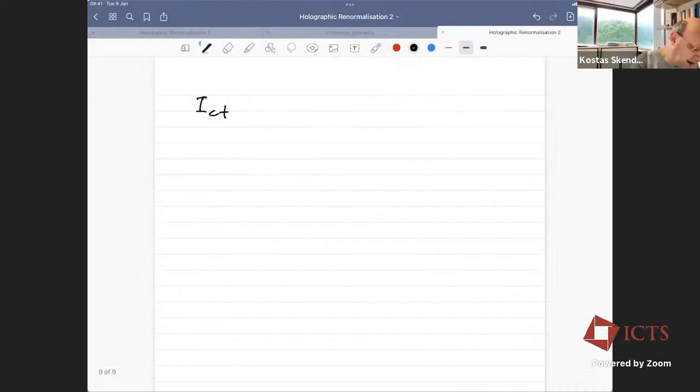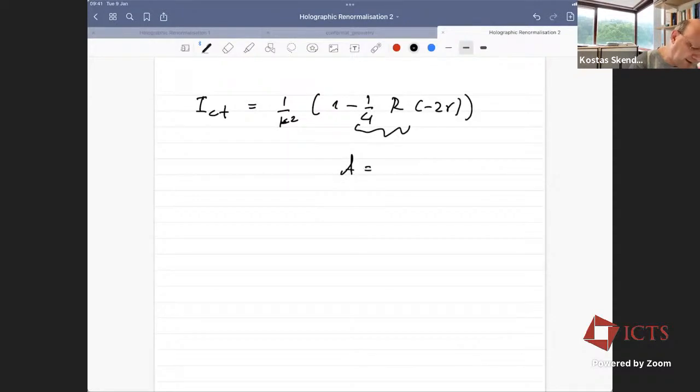So now the quantum action is 1 over kappa squared, and then 1 minus a quarter R e to the minus R. And from here, the conformal anomaly is proportional to R, which is true in d equals 2, with a coefficient which is giving the central charge.